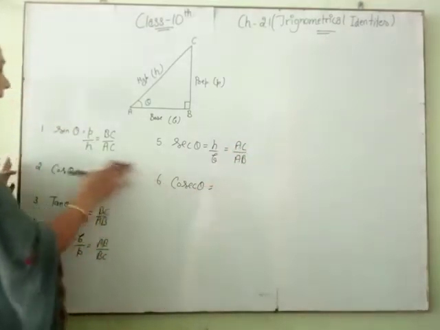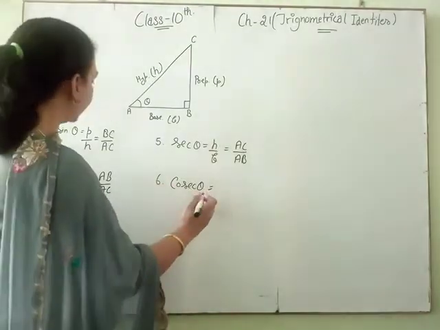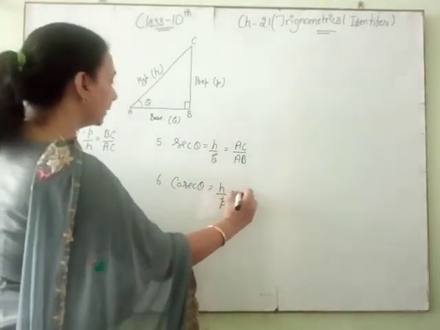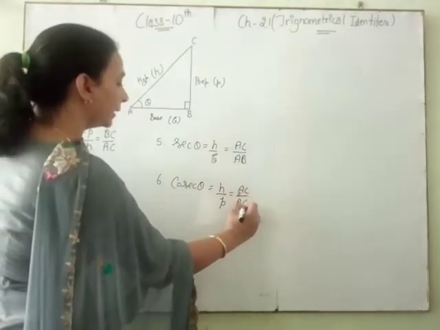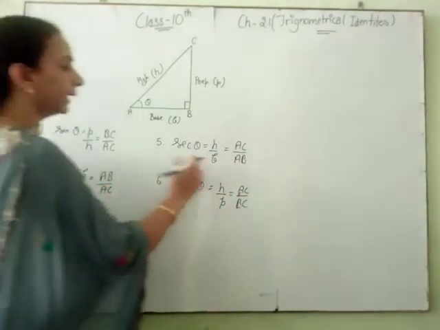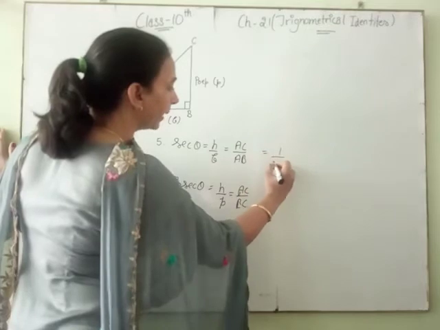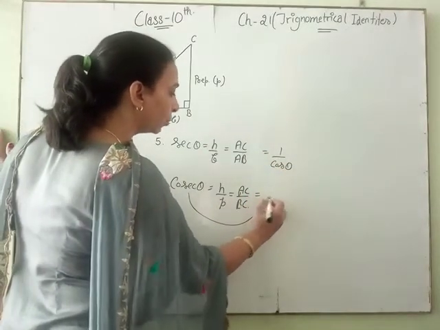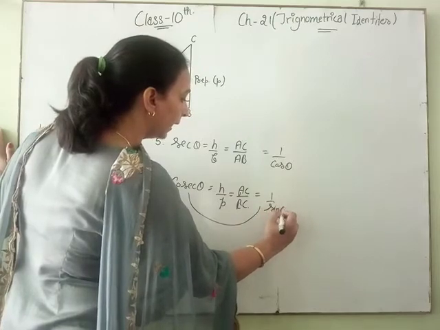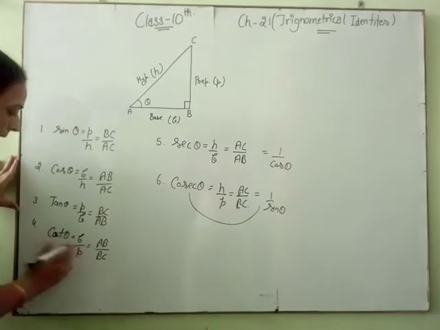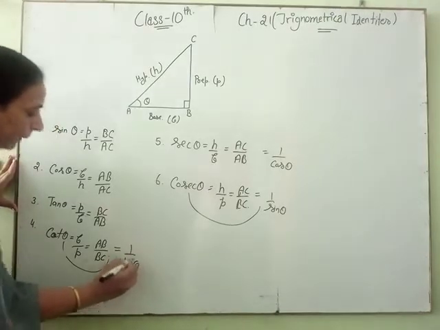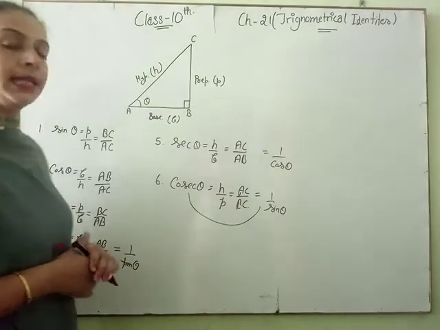And cosecant theta is the reciprocal of sine theta, H by P, equal to AC by BC. We write secant theta equal to 1 by cos theta, cosecant theta equal to 1 by sine theta, and cotangent theta equal to 1 by tangent theta. These are the reciprocals.